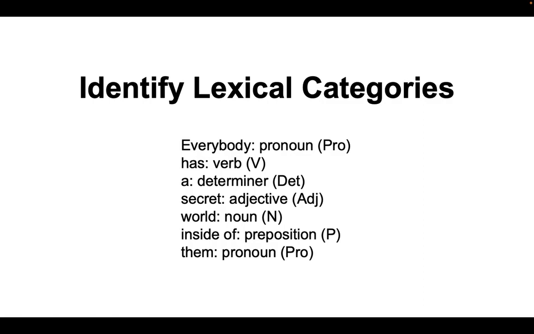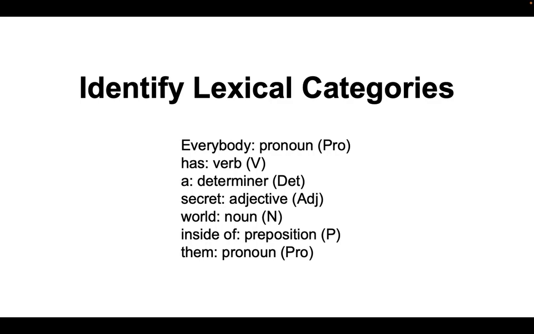Secret could be either a noun or an adjective, and so again we have to look at how it's used in this sentence. And here it is used as an adjective because it is describing the noun world. So this is an adjective, we abbreviate that as ADJ. The next word is world, and that is a noun, which we abbreviate as N. Inside of, in this sentence, those two words are really functioning as a single preposition.